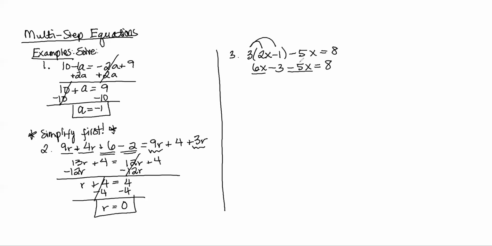So 6x minus 5x is 1x. Still have a minus 3 equals 8. And then finally, we can get that x by itself, and we just want to add this 3 to both sides. So we get x equals 11.